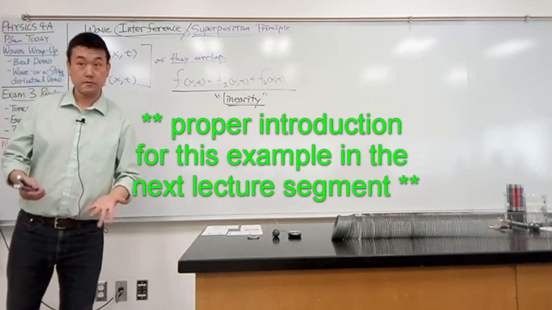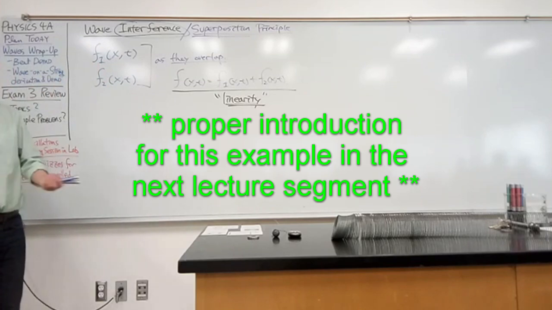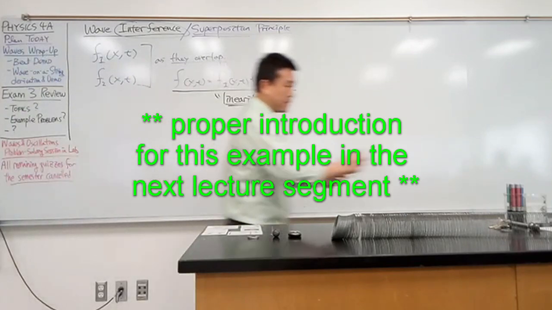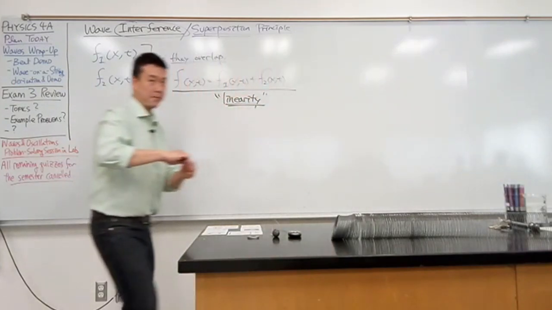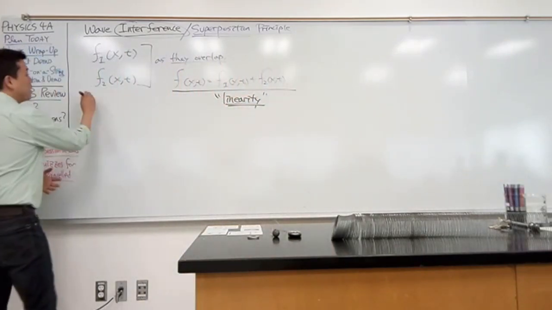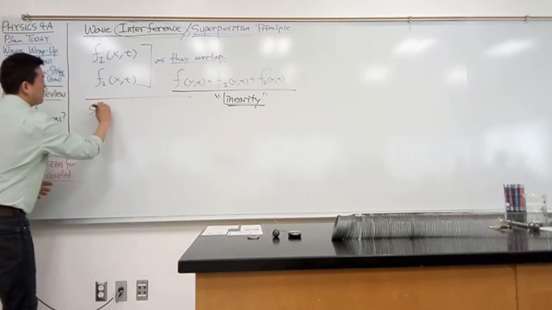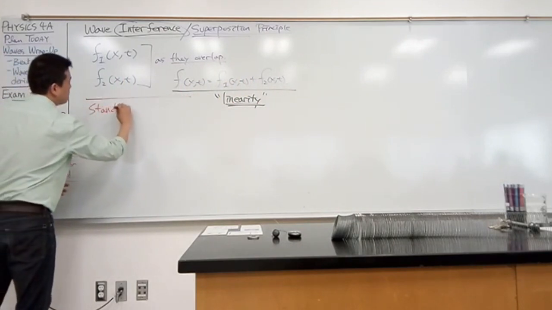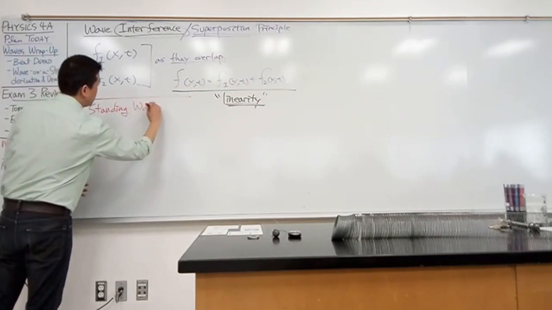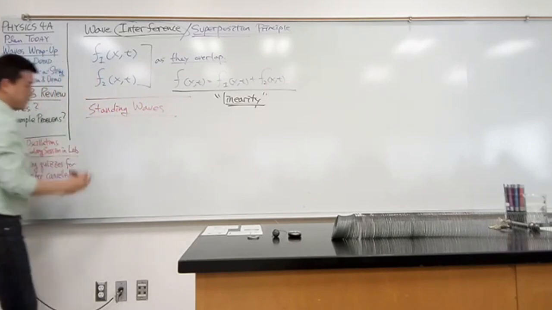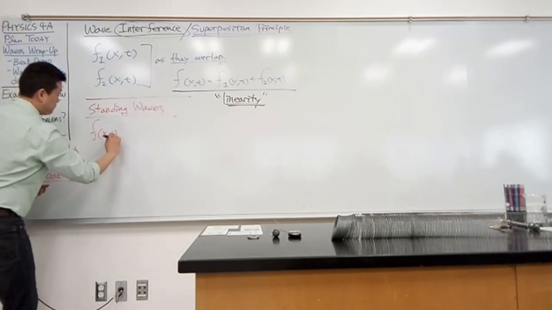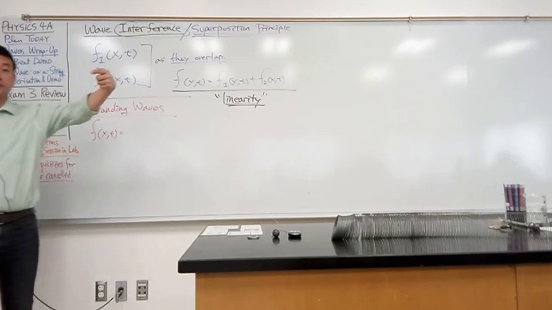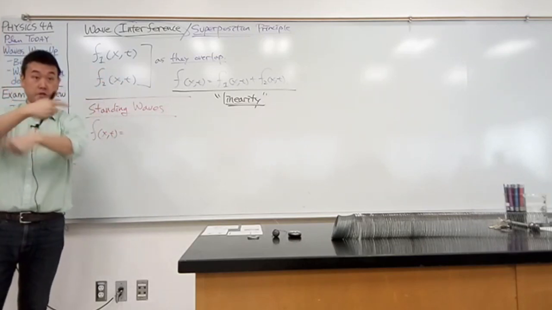Yeah, standing waves. So standing waves was a result of an interference between two waves. I won't write down the whole thing. You can look in your notes and I'll eventually post last Tuesday's video. But as an example, with the standing waves, the total wave was a sum of two waves propagating in opposite directions.